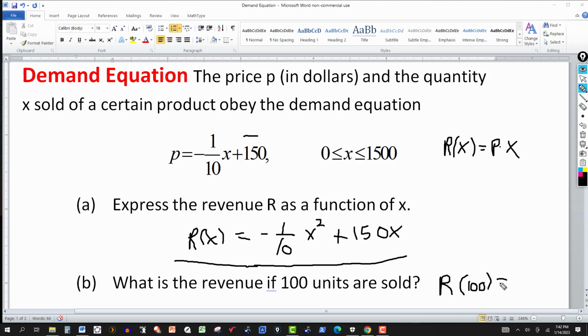You can use your calculator to do those calculations. This comes out to $14,000. So that's just evaluating the revenue function at X equal to 100.